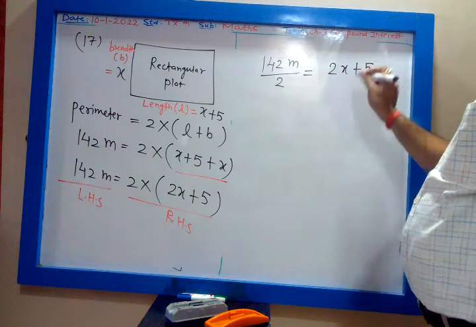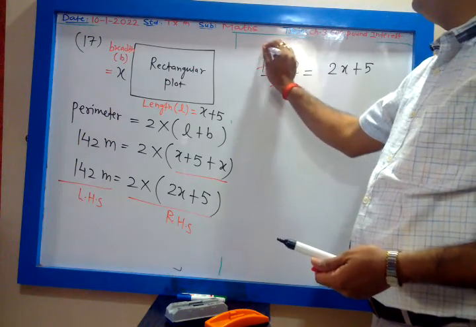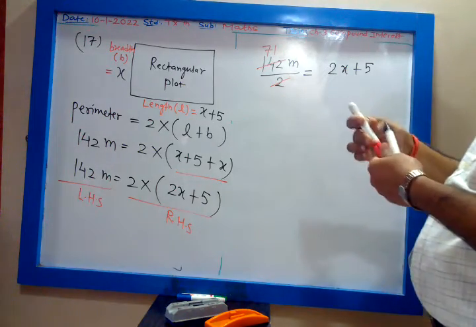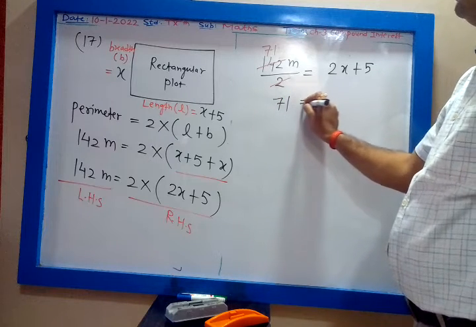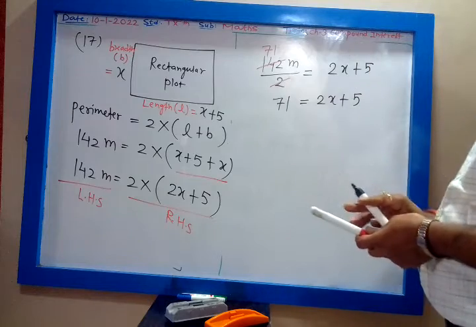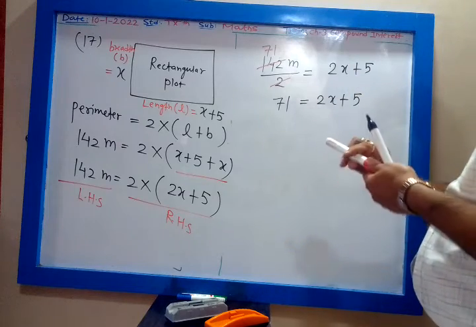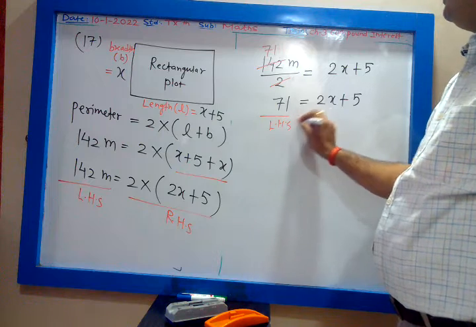Yes. So now we can divide: 2 7s are 14, 2 1s are 2, 71 meter. So 71 is equal to 2x plus 5. Okay. Meter we will write afterwards. Now this is my left hand side and this is my right hand side.